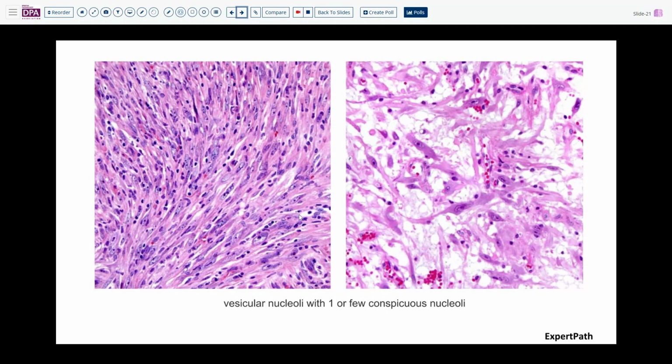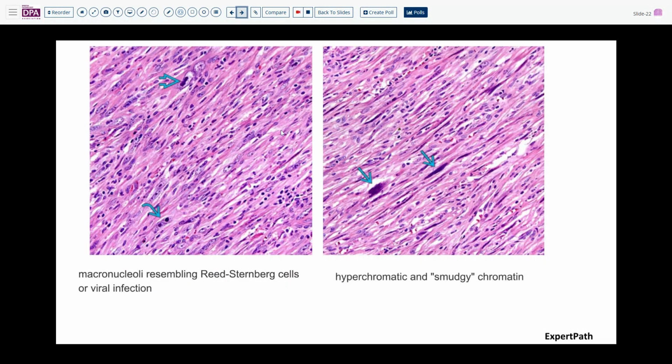And then they have this amphophilic cytoplasm, really characteristic, conspicuous nucleoli. And then sometimes, because these fibroblasts can fuse together, you may see these prominent nucleoli forming this Reed-Sternberg-like cell, but actually they are not. They can also have this smudged cell, with really hyperchromatic nuclear features. But you can see for the other cells, they still maintain the myofibroblast differentiation. You can just tell them apart.